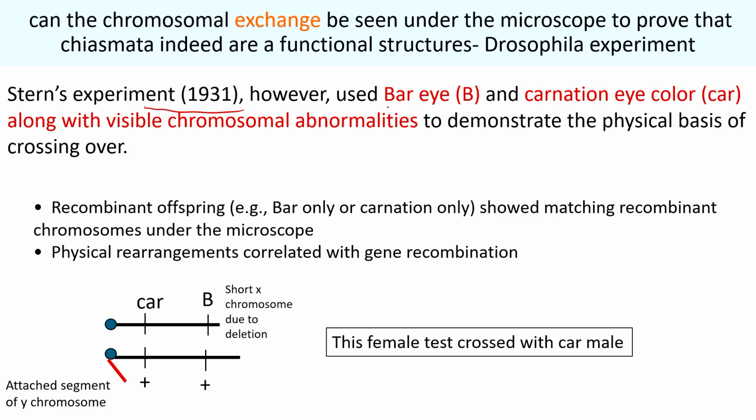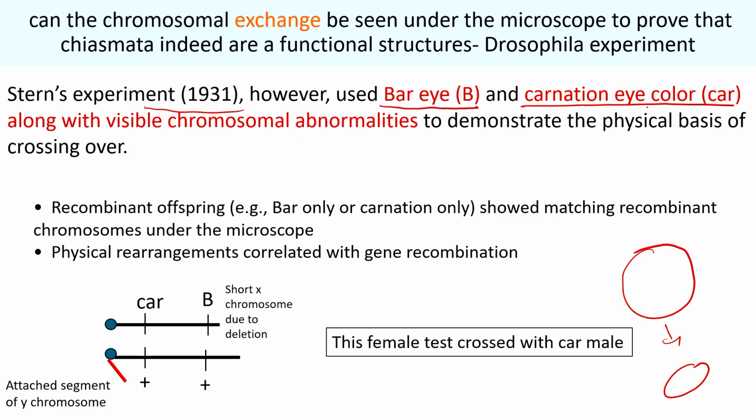What he did is he used a gene which is bar eye. Usually the fly eyes are bigger, but when they have this bar mutation, then they become very narrow, right. And the other gene was carnation, which controls the eye color.